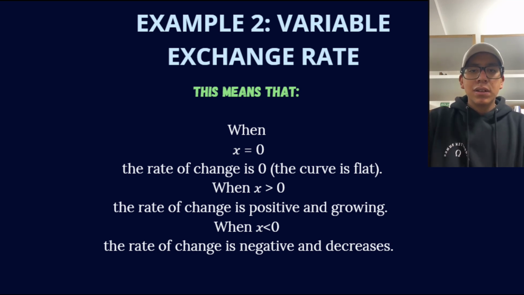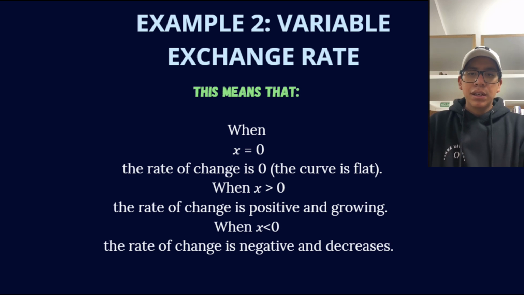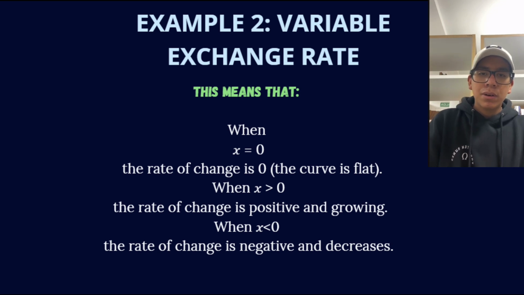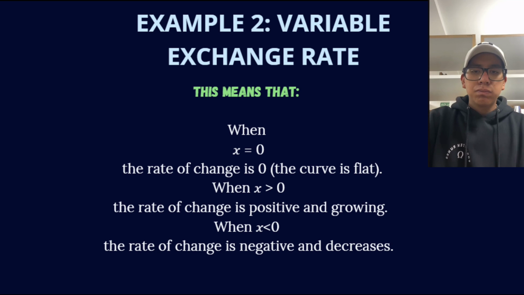At x equals 0, the slope is 0. If x is positive, the slope is positive and rises. If x is negative, the slope is negative and grows steeper. Identifying where slopes are positive or negative and how they change lets you understand when a system is speeding up or slowing down.